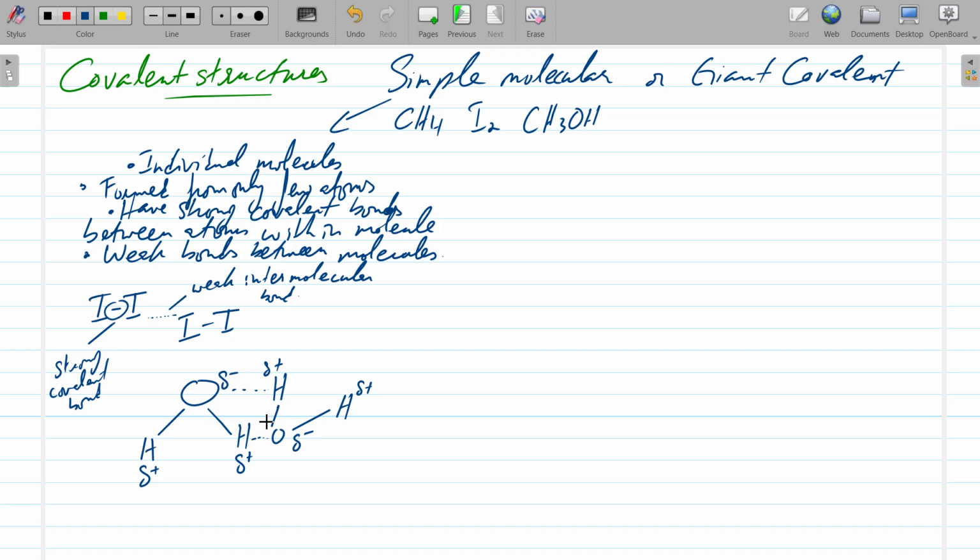So these are two different water molecules. The oxygen of one molecule is attracting the hydrogen of another, and similarly the hydrogen of one is attracting the oxygen, because of the slight polar charges. These are called hydrogen bonds.